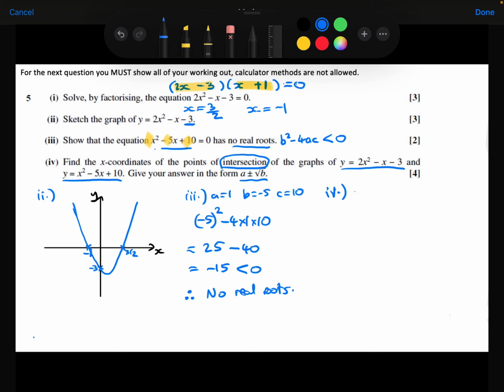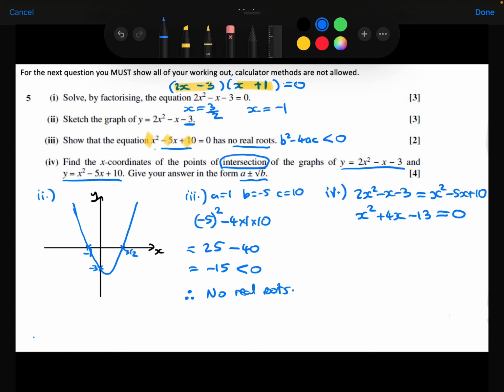So if I take the 2x squared minus x minus 3 and make that equal to the x squared minus 5x plus 10, because that's where they have the same y coordinates, take the x squared off both sides, add 5x to both sides, and subtract the 10 from both sides.